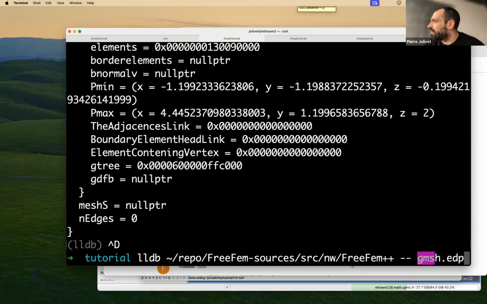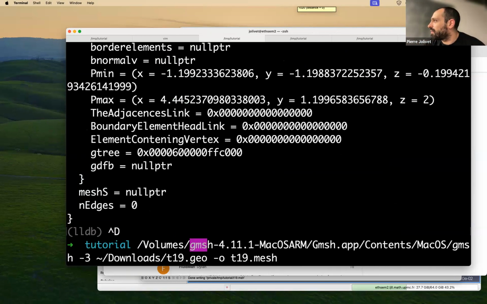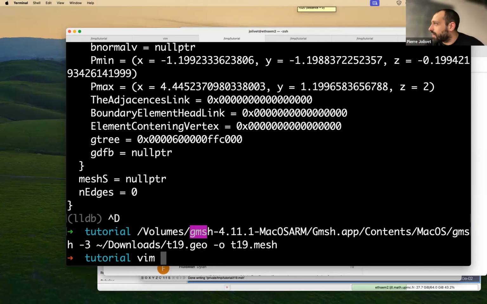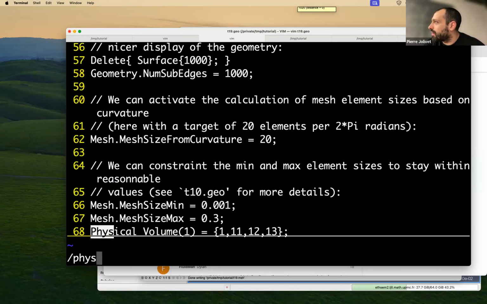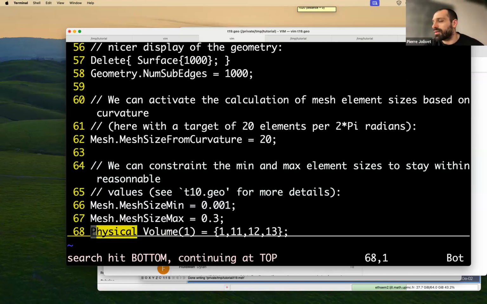That's weird. There are no physical surfaces as well, I guess. So we don't have the surface mesh. And so in FreeFem, we cannot just load meshes with only tetrahedra.